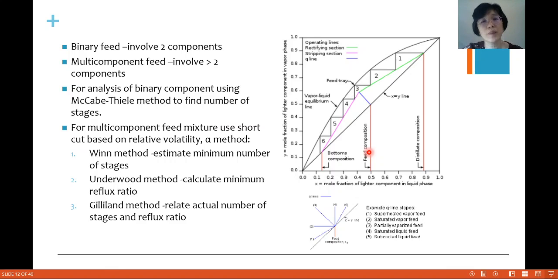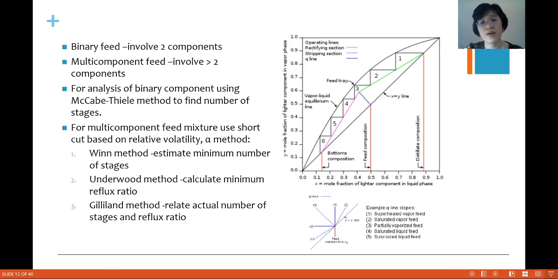When we have a multi-component feed, where the feed involves more than two components, then we will normally use several shortcut methods. There are the Fenske method, Underwood method, and also the Gilliland method.